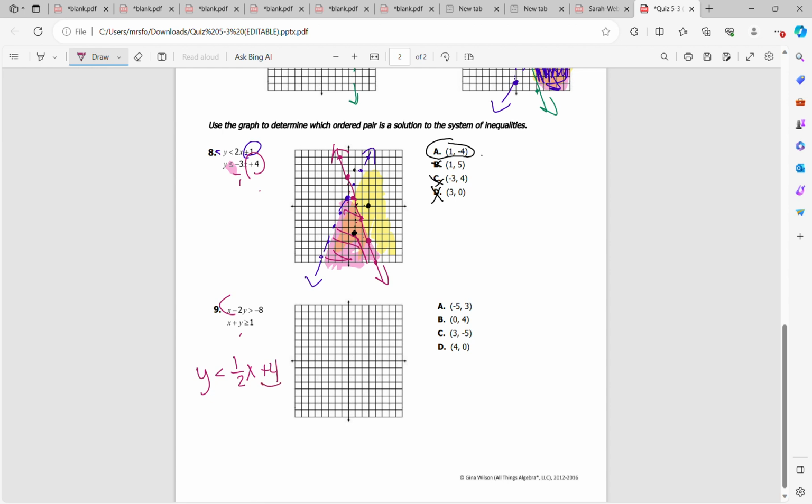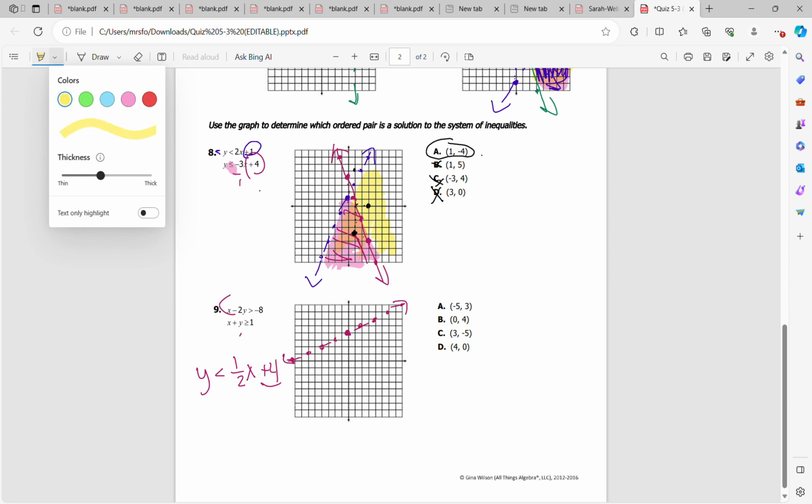So you would go up 4, that's your y-intercept, and then up 1 over 2 for your slope, or down 1 and left 2. And it is a dashed line. And being less than, we shade below.